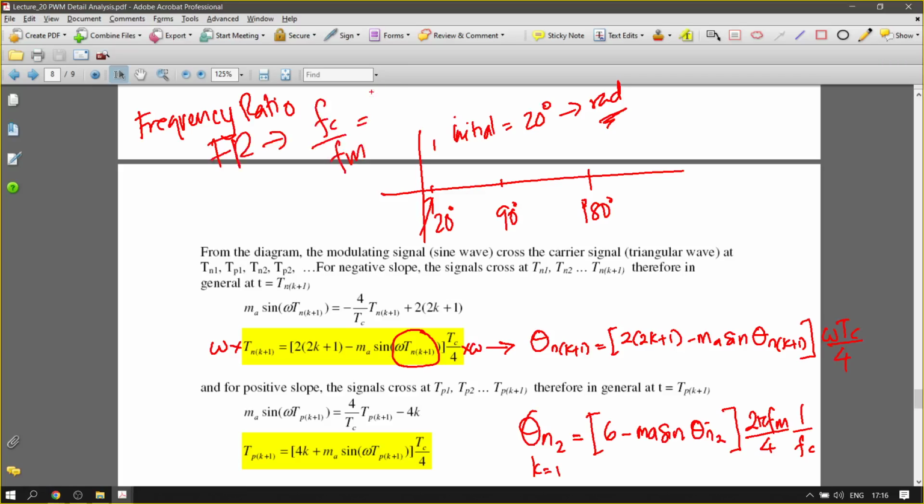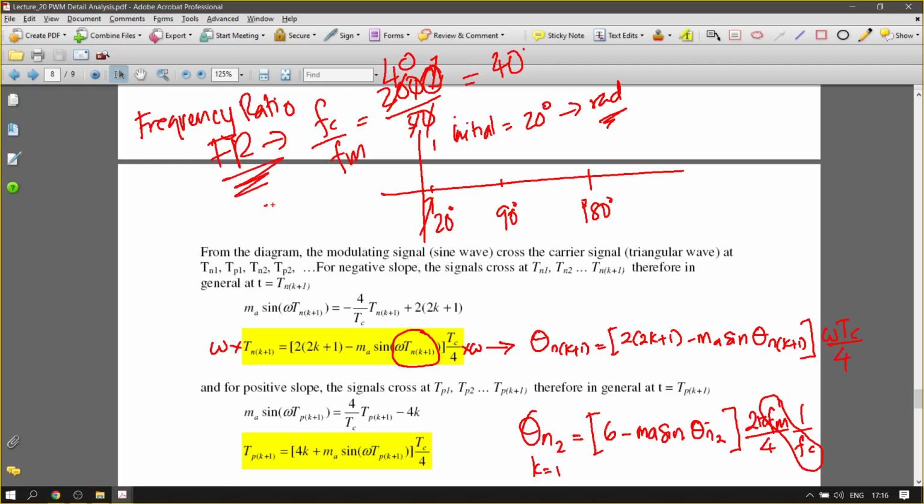So if Fc is 2000, then your Fm is 50 Hz, always 50 Hz. So what do we have? 40, isn't it? So your frequency ratio is 40. So that is known as the frequency ratio.